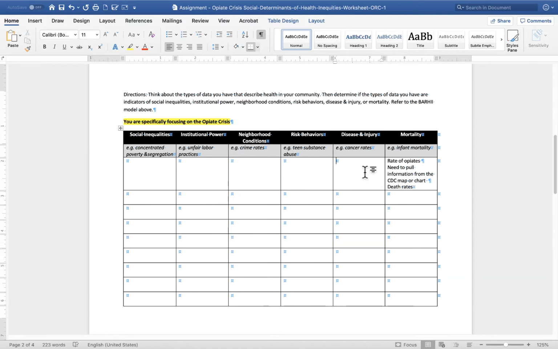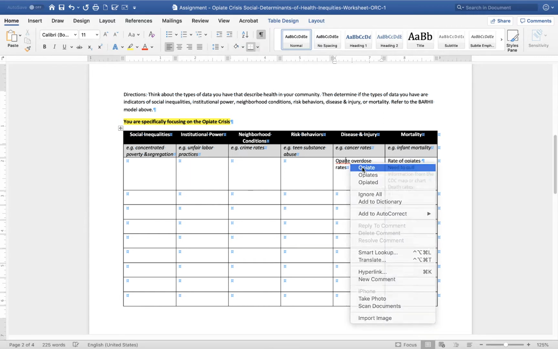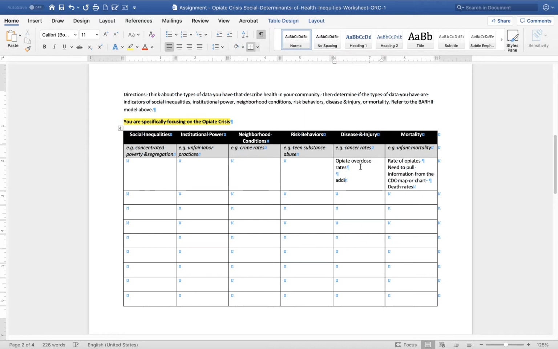Then you would maybe put down opiate overdose rates, and you could also put addiction rates. I want to see real numbers in here. Real numbers. Then what's the risk behavior? Is it someone misusing opiates?